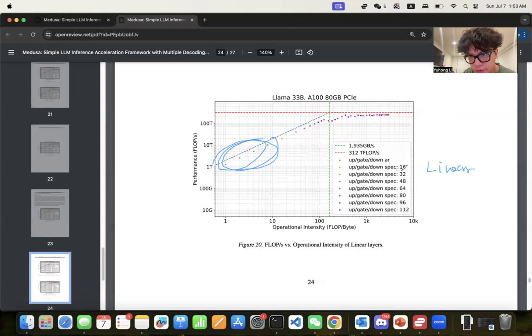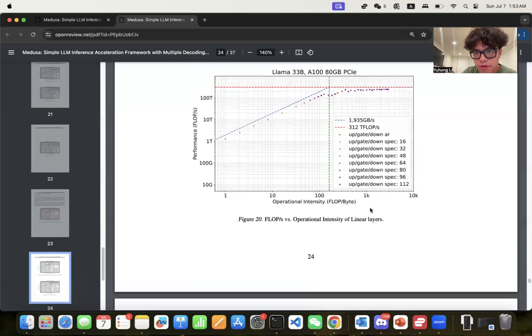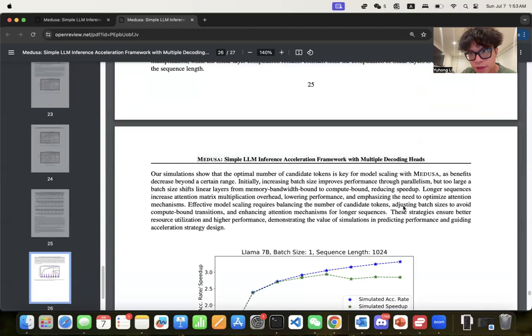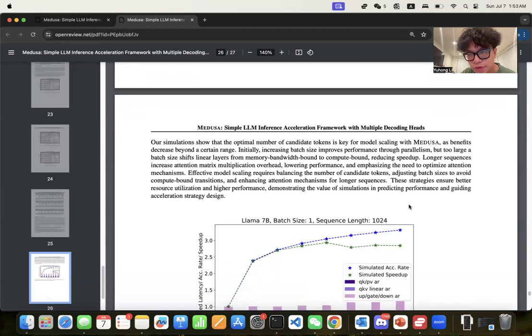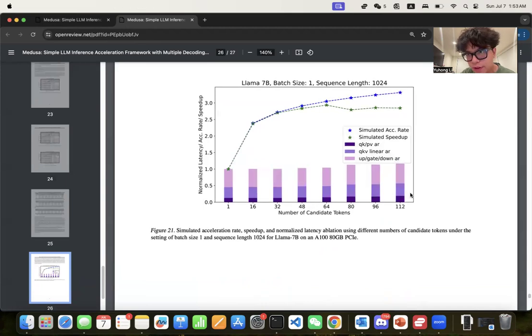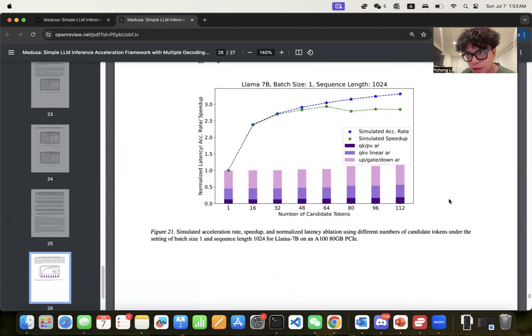If we add more tokens, like speculative decoding or parallel decoding, it will shift to the right, and finally it will reach the compute-bound region instead of the memory-bound region. You can read through this one. It explains why these models are slow during inference and how speculative decoding or parallel decoding can help accelerate the inference.